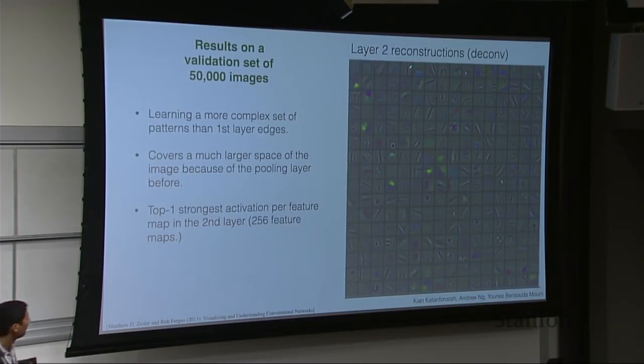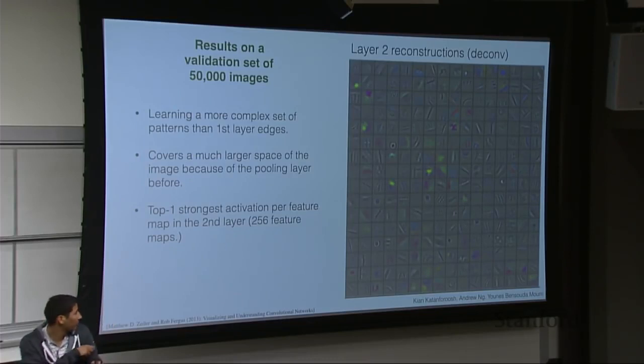Let's look at one of them. We can see that we have a circle on this one. It means that the filter which generated this feature map has probably been activated by a wheel or something like that. So the image of a wheel was the one that maximized the activation, and then we used the deconv method to reconstruct it.